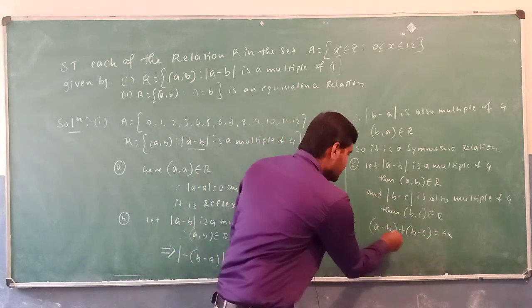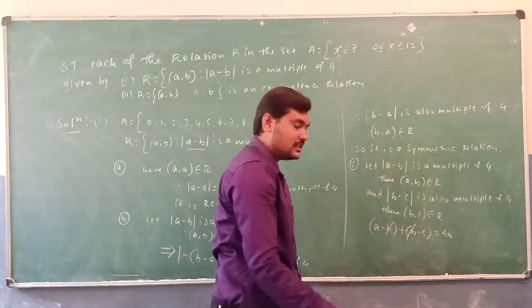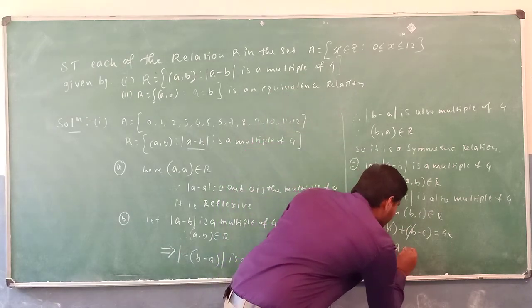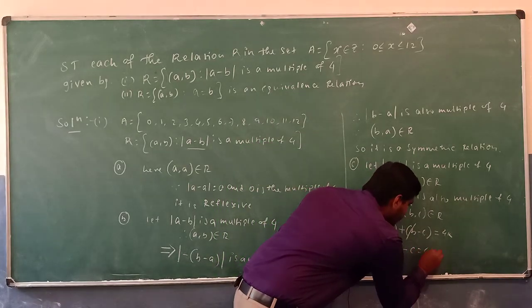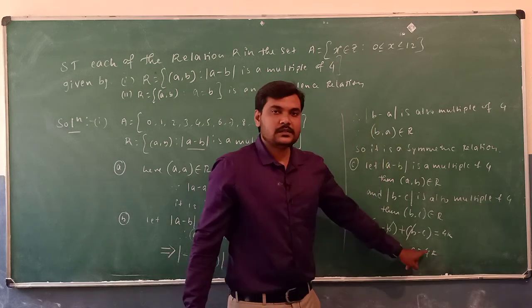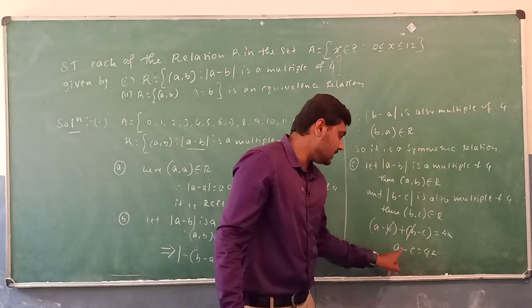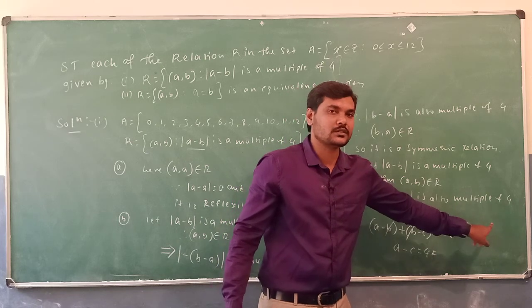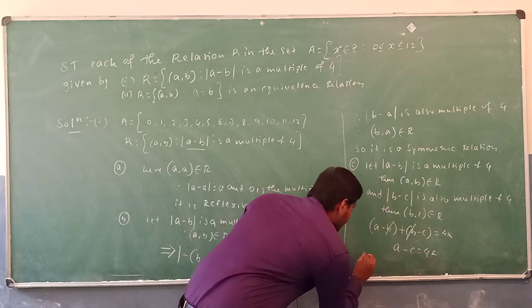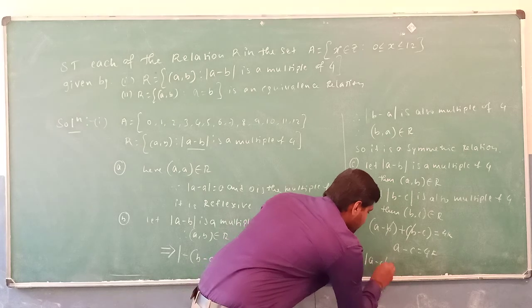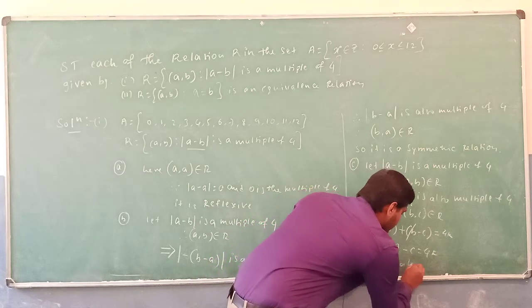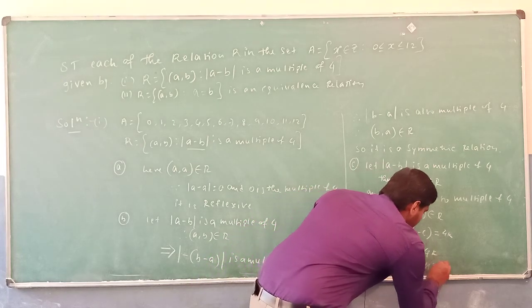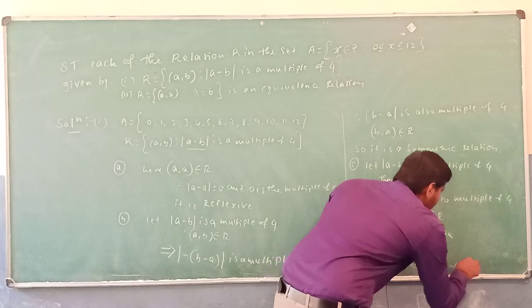So here, look, plus B minus B is going to be cancelled. The remaining thing is going to be A minus C is equal to 4k. Or we can say that A minus C is a multiple of 4.